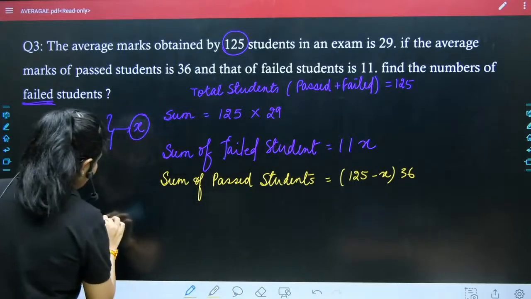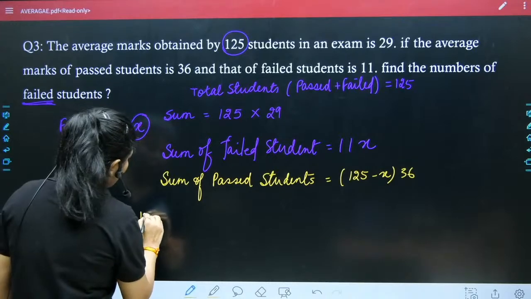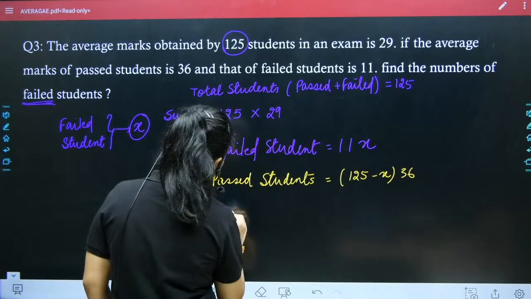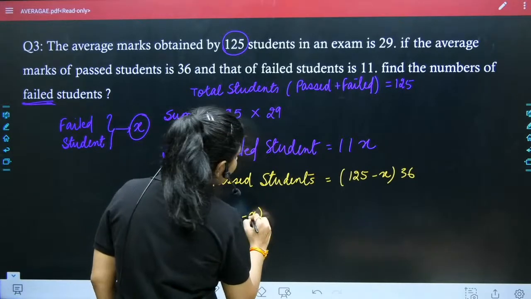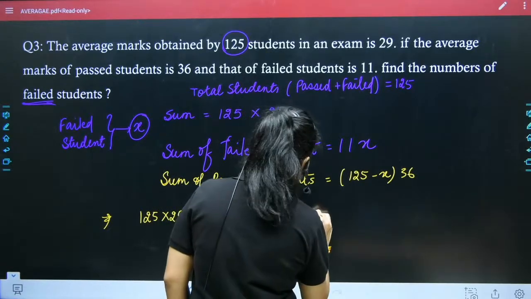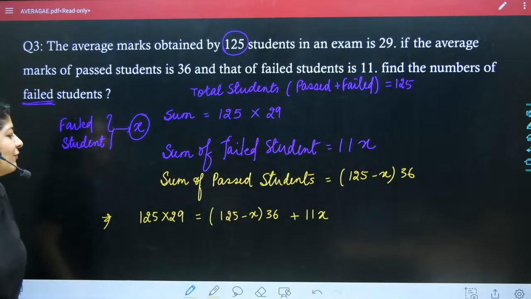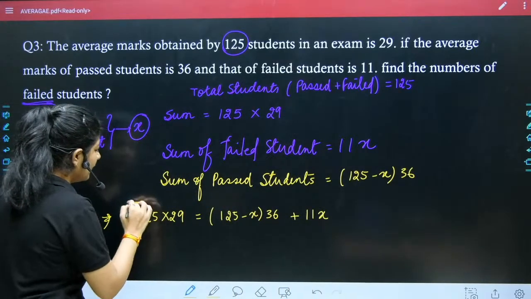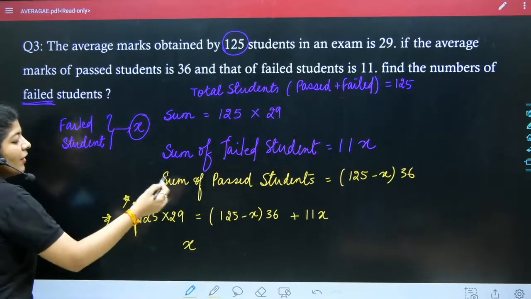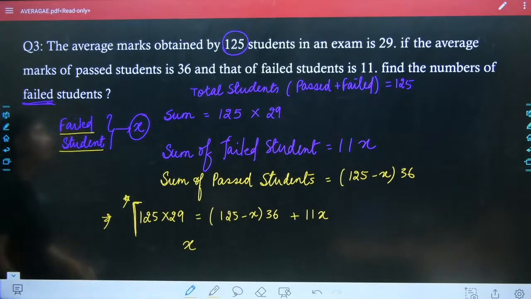So we can say that 125 into 29 is equal to 125 minus x into 36, plus 11x. We have to solve this equation and calculate the value of x, and when we calculate x, we get our answer as the number of failed students.